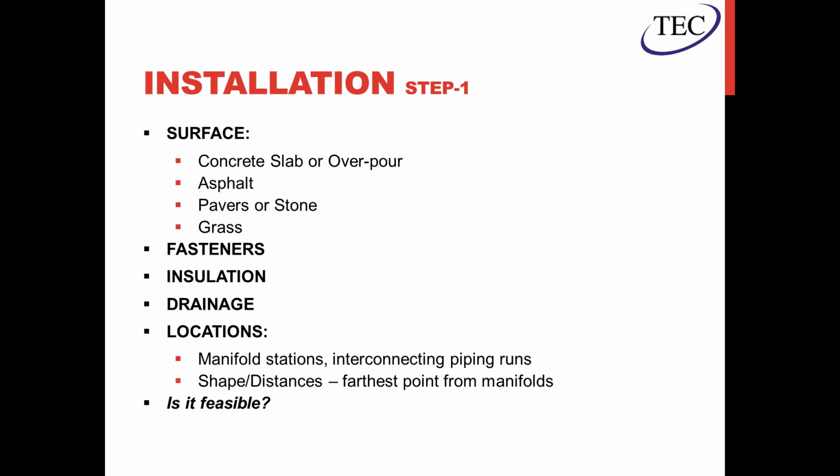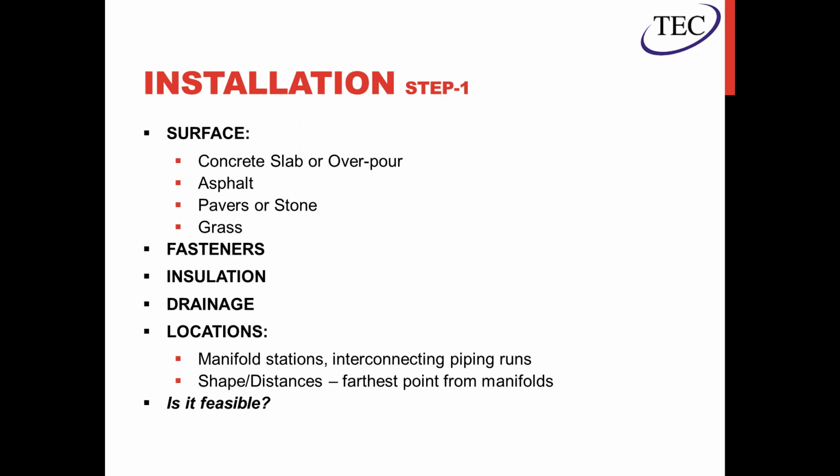The most common, as I mentioned, is a concrete slab or a concrete overpour of an existing slab that'll have the tubing encased within it. The other main applications for a hydronic system would be asphalt or a paver of some type, or if it's going in an athletic field, it would be grass.